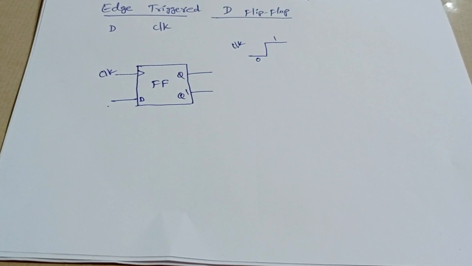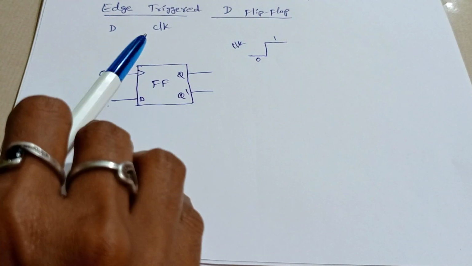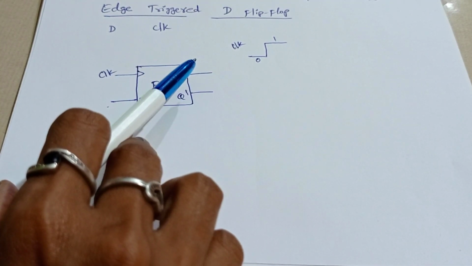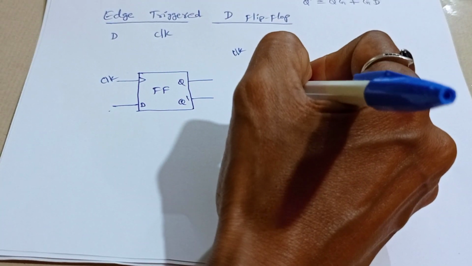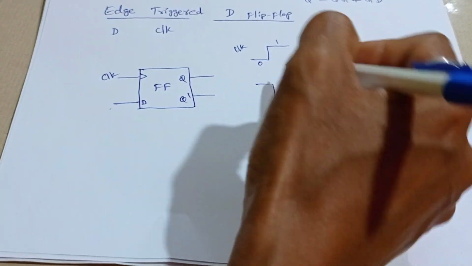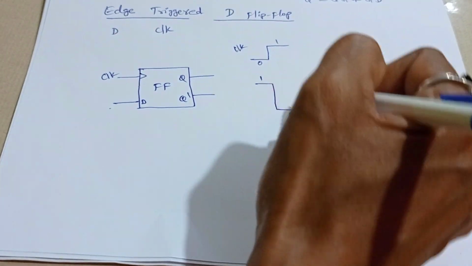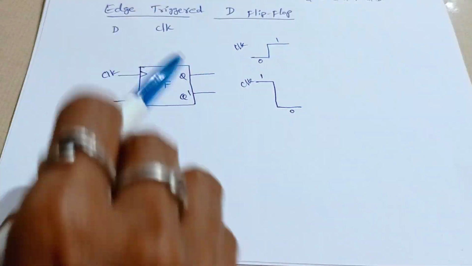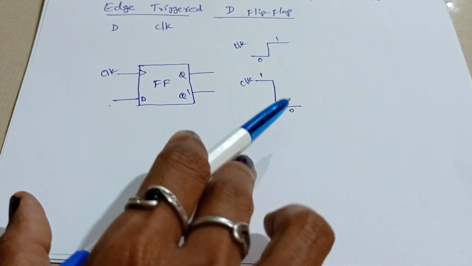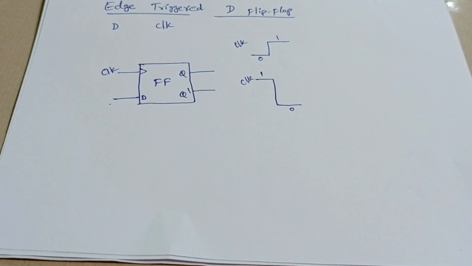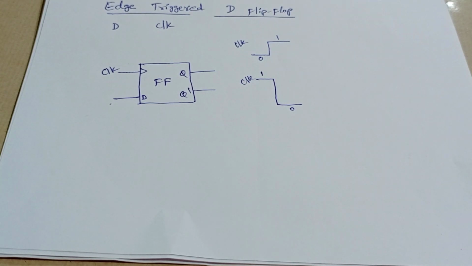Same as if the output can change in response to a 1 to 0 transition on the clock input, that is from 1 to 0 transition, we say that this flip-flop is triggered on the falling edge, that is the negative edge of the clock.